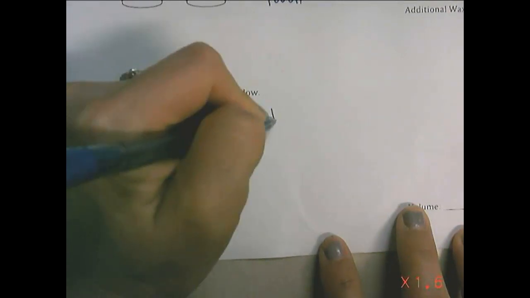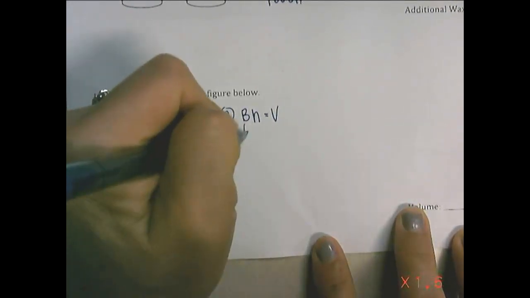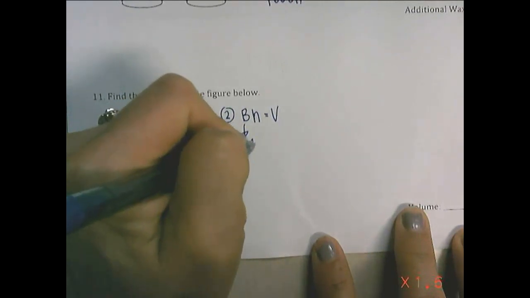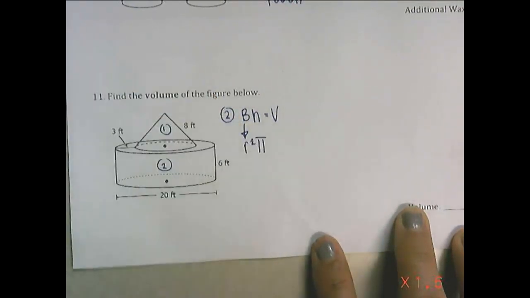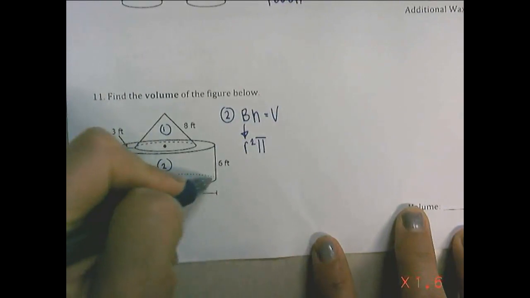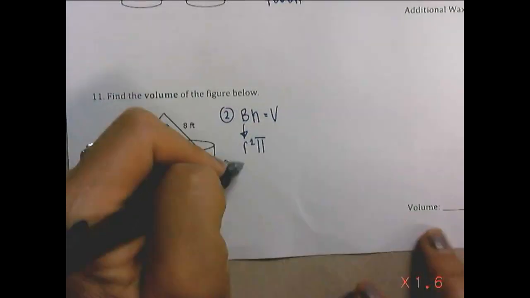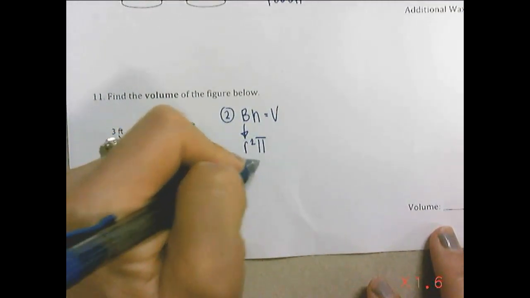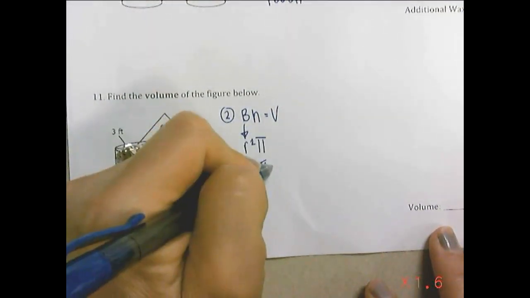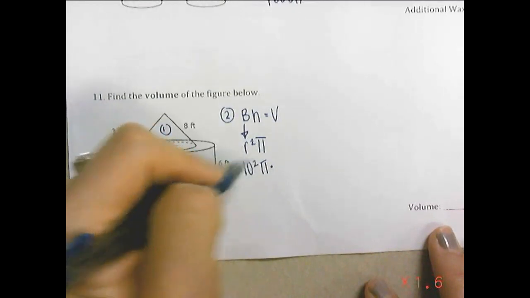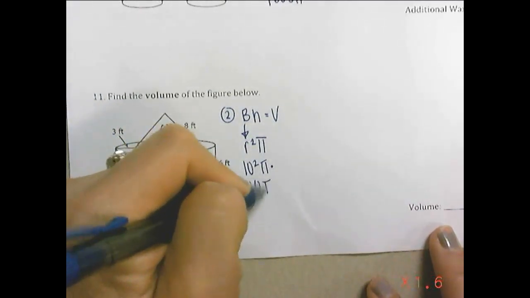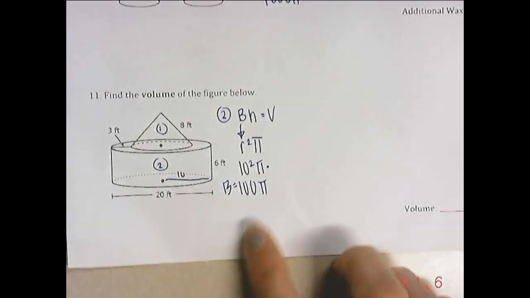That's going to equal my volume. Big B is going to be my radius squared times pi. My radius for this figure is going to be 10. So for big B, I'm going to have 10 squared times pi, which gives me 100 pi. So big B equals 100 pi.